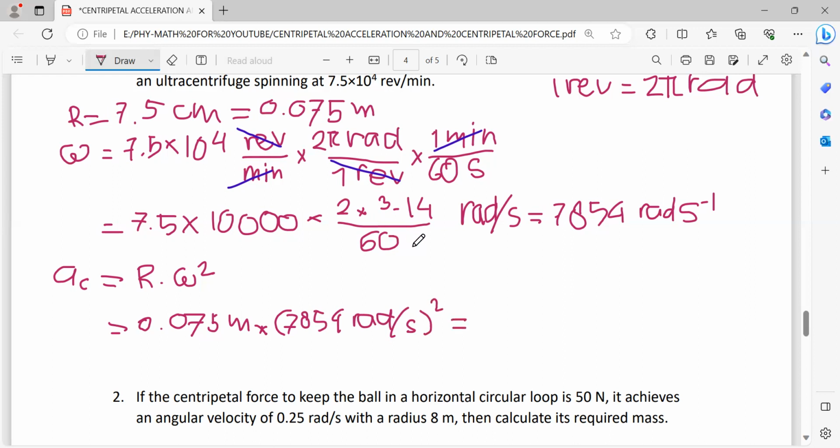If you calculate it, it becomes 4.63 times 10 to the power 6, so 4 million and so on.